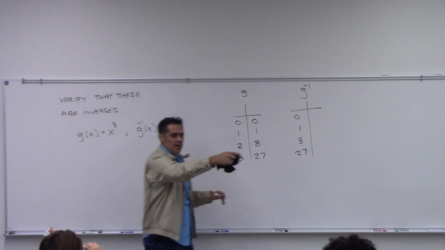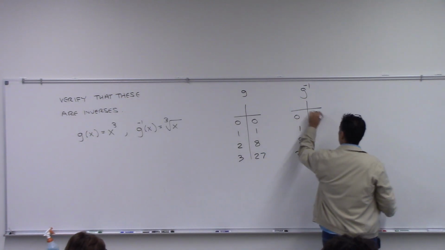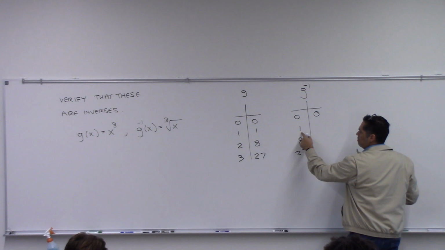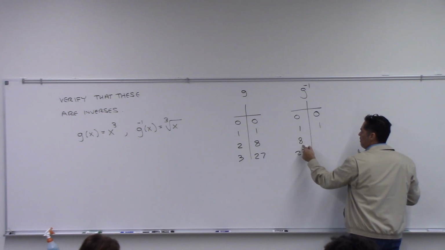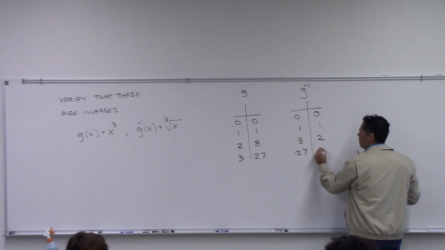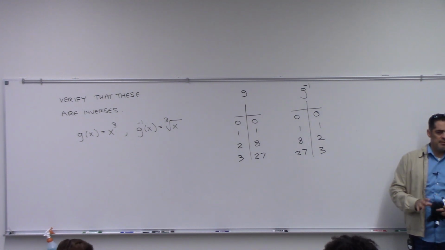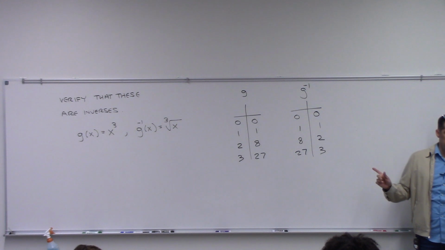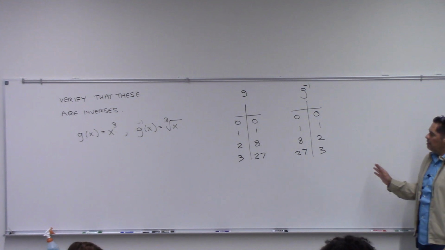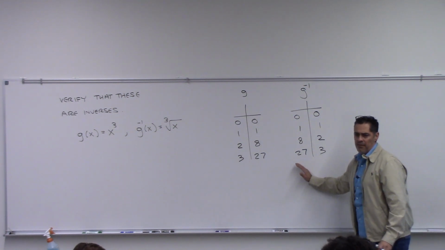What number times itself three times is 0? What's the cube root of 1? 1. Cube root of 8? 2. Cube root of 27? 3. Do you see it does look like it's the inverse? Do you have questions on that? Sure? Okay, but this is not the way we verify.